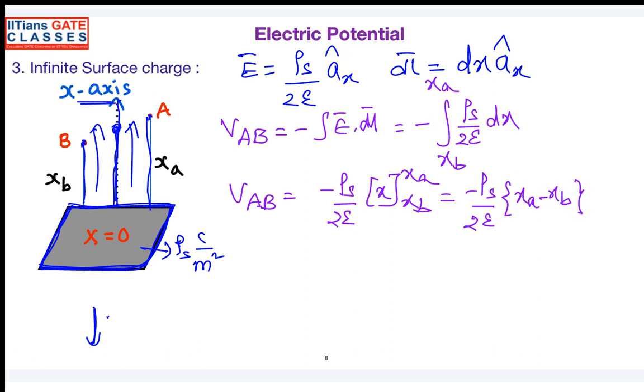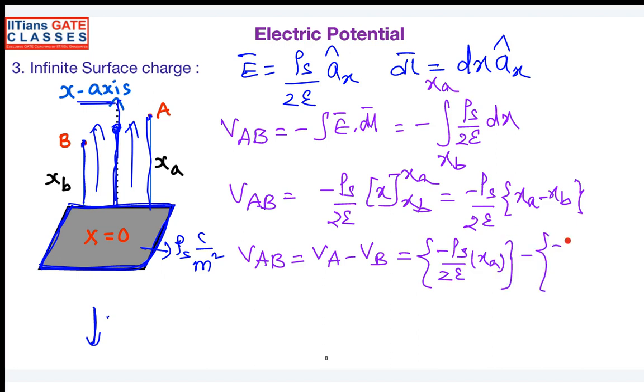So what is the meaning of that? VAB is the same as VA minus VB. So you can write it like this: minus rho s by 2 epsilon times xa, minus, minus rho s by 2 epsilon times xb. I was just splitting it to make it a generalized equation.